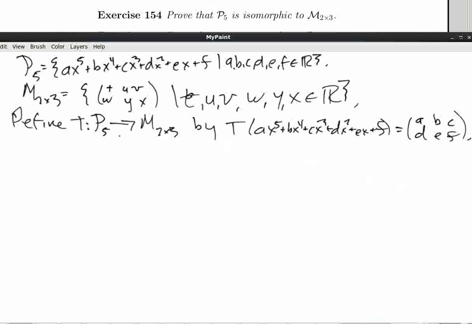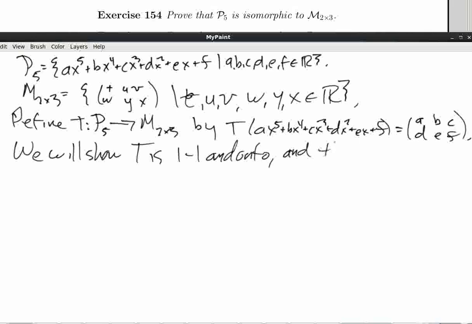As simple as that. We will show T is one-to-one and onto, and therefore invertible.